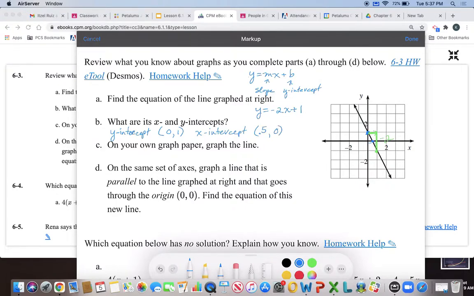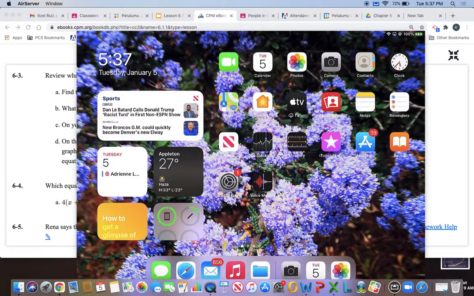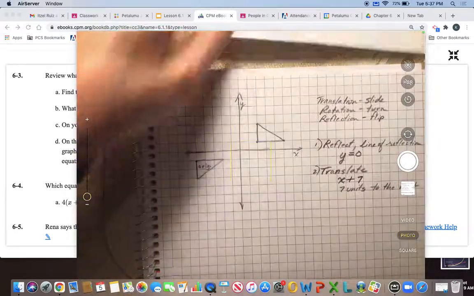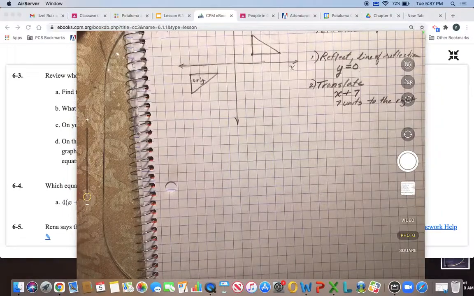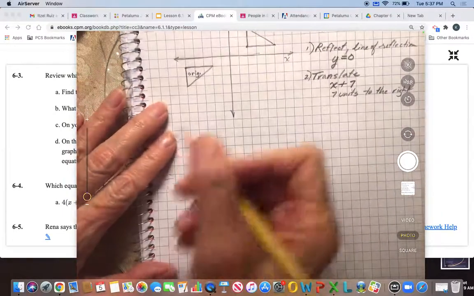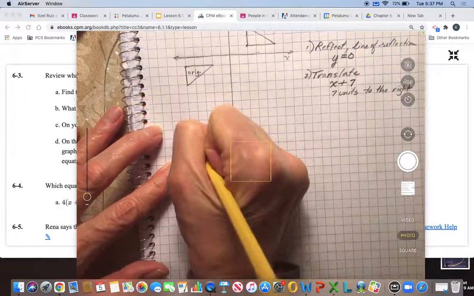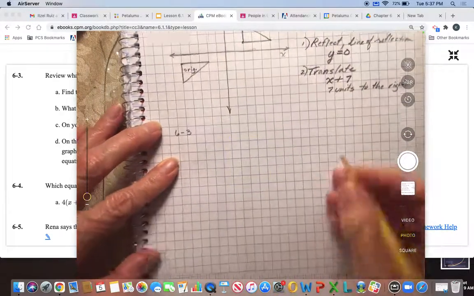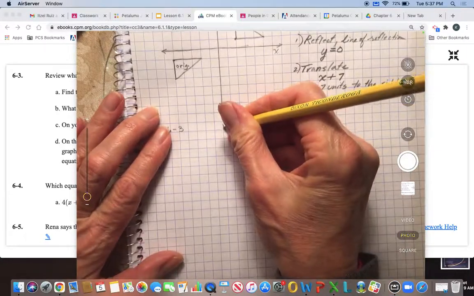All right, so now it says that on your own graph paper, you should graph the line. And so we will do that right now. All right, so we've got a piece of graph paper, and this is problem 6-3. And we're going to graph this line.